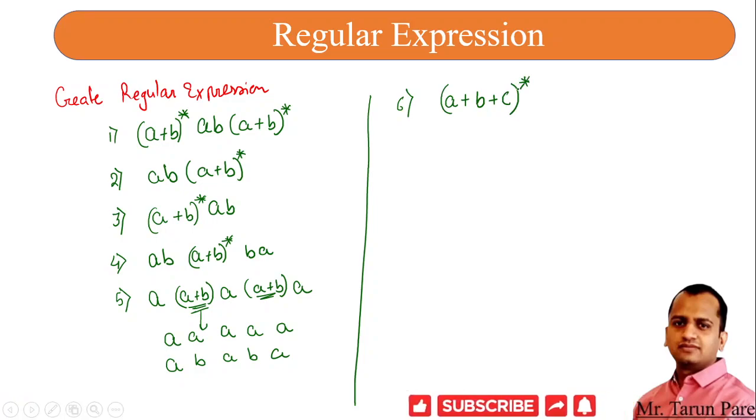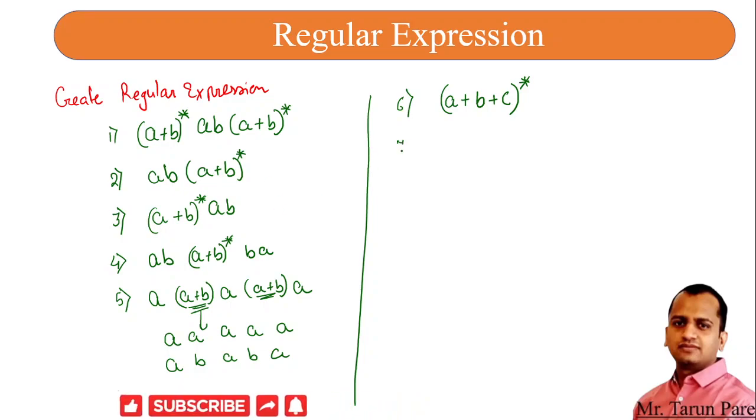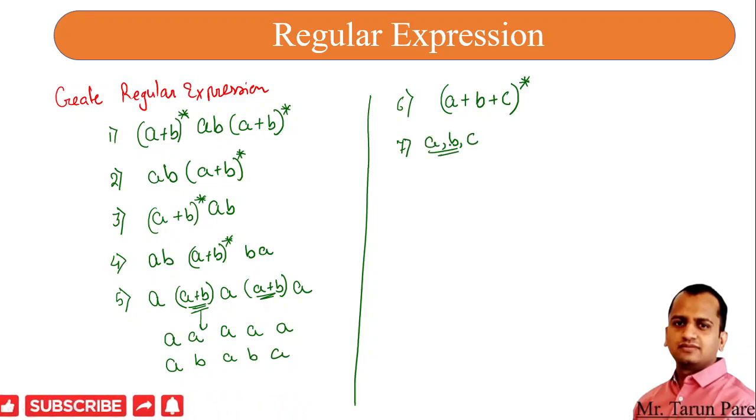Okay, now if you want to print any string which has exactly one a with the symbols a, b and c, suppose there are three symbols a, b and c, and you want to make a regular expression through which you can generate a string which contains only one a, then what will be the regular expression for this?